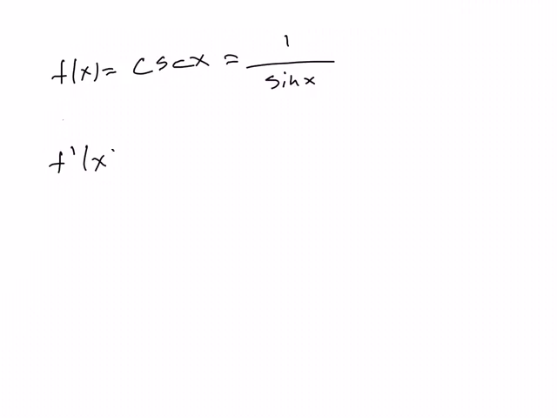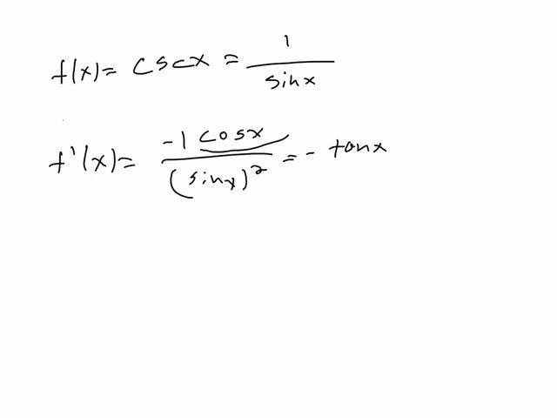So f prime of x is going to be negative 1 times cosine x over sine x squared, which is equal to negative, and then you're going to take a tangent x out of the cosine and one of the sine x's, and then you're going to have one more sine x on the bottom.